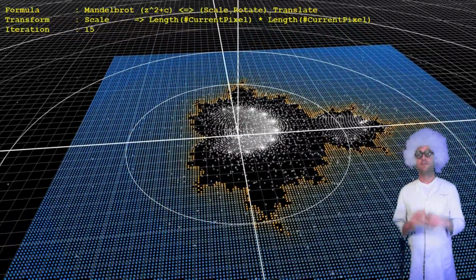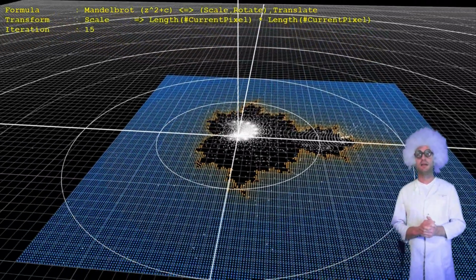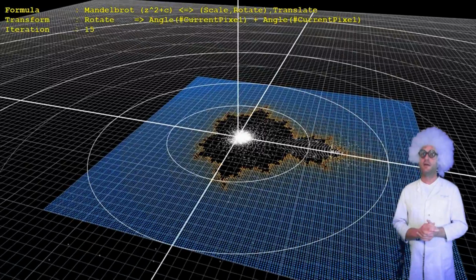The scaling. The distances are squared, leading to exponential growth and shrinking.